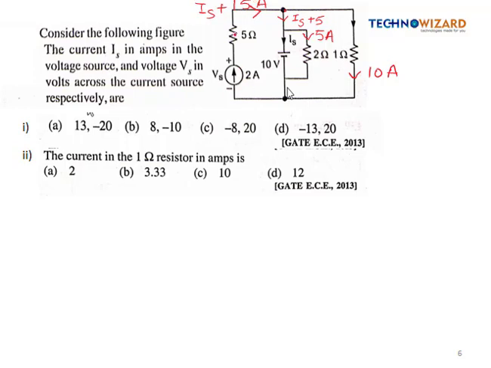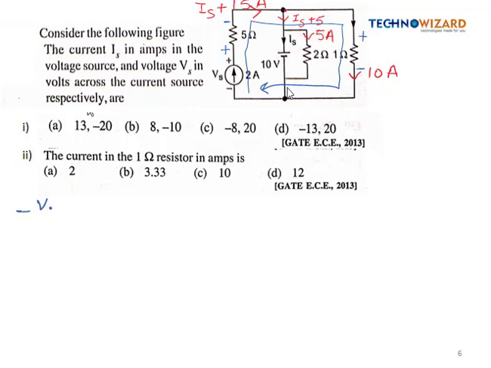Now we will apply the KVL in the outer loop. So we will apply the KVL like this. From there we can find the value of IS. So current is flowing like this, so this will be plus, this will be minus. Now this will be plus, this will be minus. So we can simply write the KVL equation.